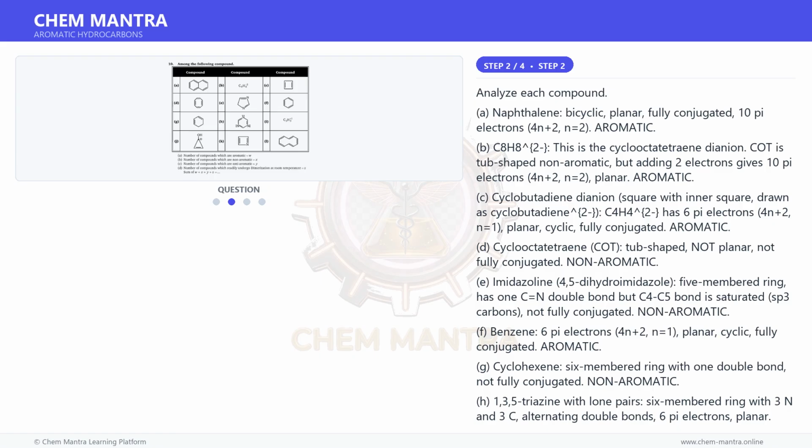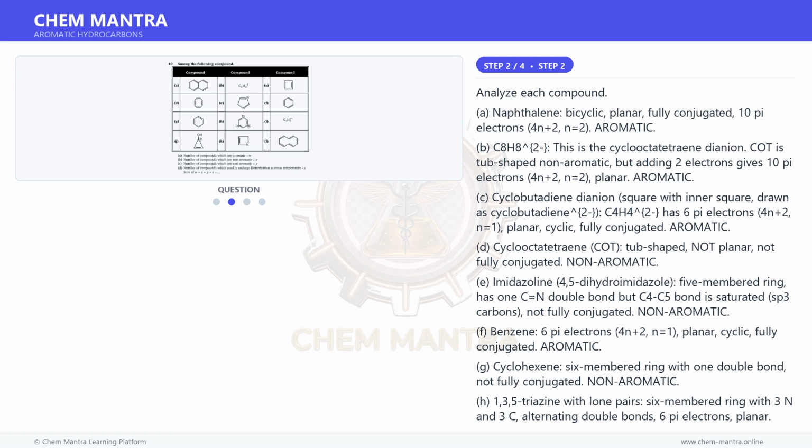Aromatic. C. Cyclobutadiene dianion, a square with an inner square, drawn as cyclobutadiene, C4H4 2-, has 6 pi electrons, 4n plus 2, n equals 1, planar, cyclic, fully conjugated.